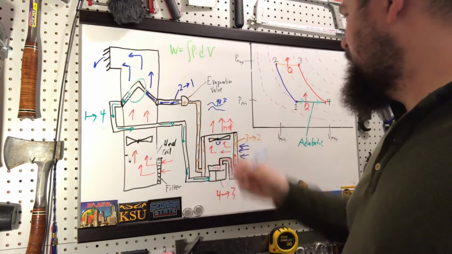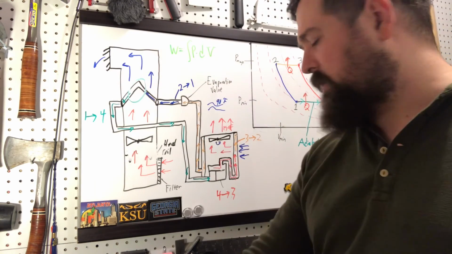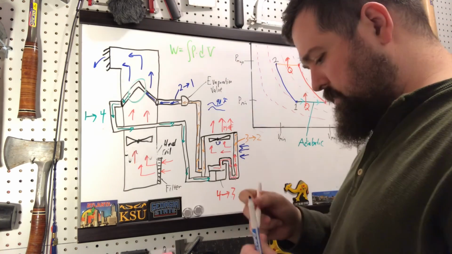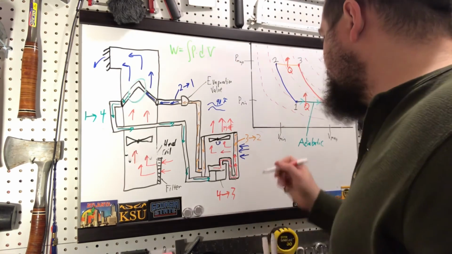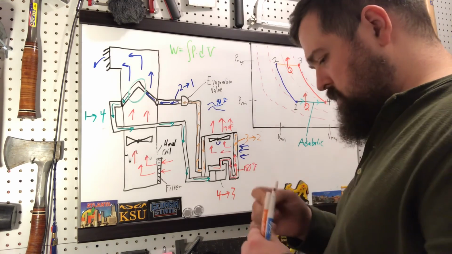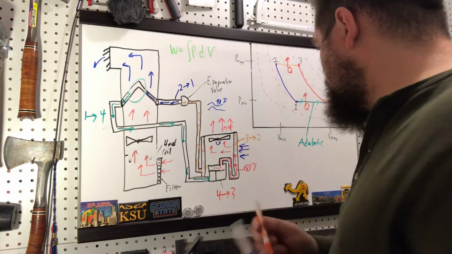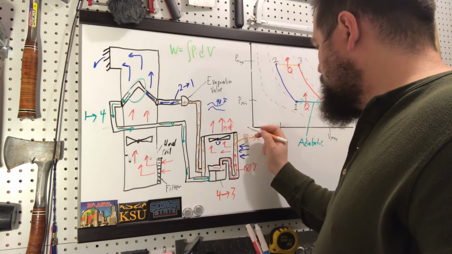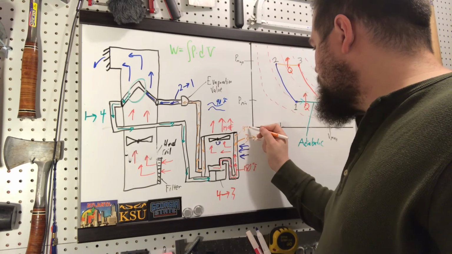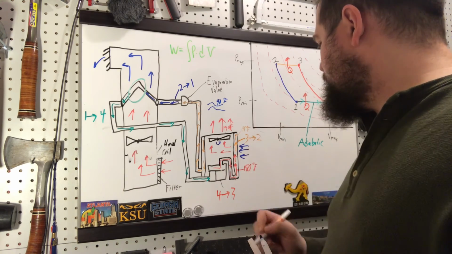So here, let's just say the red was 150 degrees. We'll say the orange went down to 95 degrees Fahrenheit.